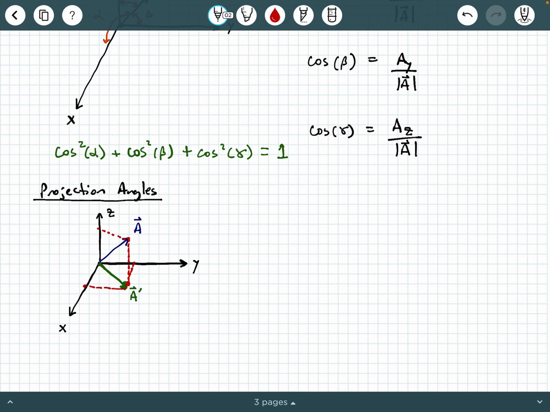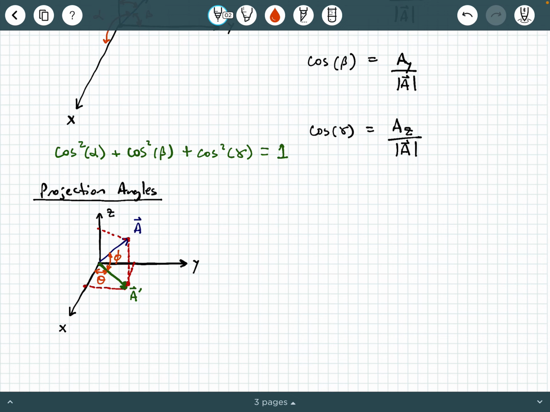So when we talk about projection angles, typically what that deals with is these angles that are related to this projected shadow of A, okay? So for example, let's use a different color. This could be angle theta, and then we have another angle phi that's going to be in between A and A prime. That'll be phi right here, okay?